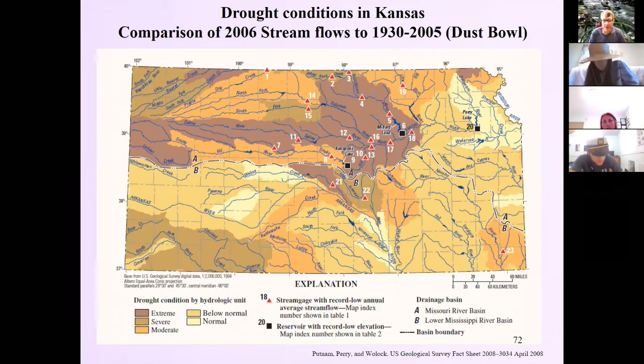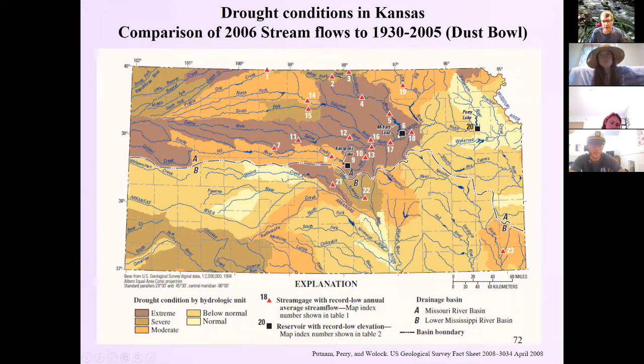This is a color image of the state of Kansas and what the drought conditions are in 2006 if you were predicting drought based on the stream flow of the different rivers in Kansas. And the red marks are marks for stream gauges with record low average stream flows for 2006. So all the stream gauges throughout, there's a whole bunch of them.